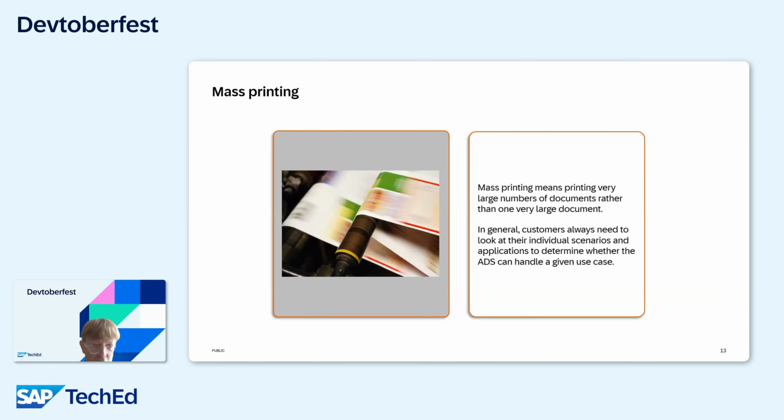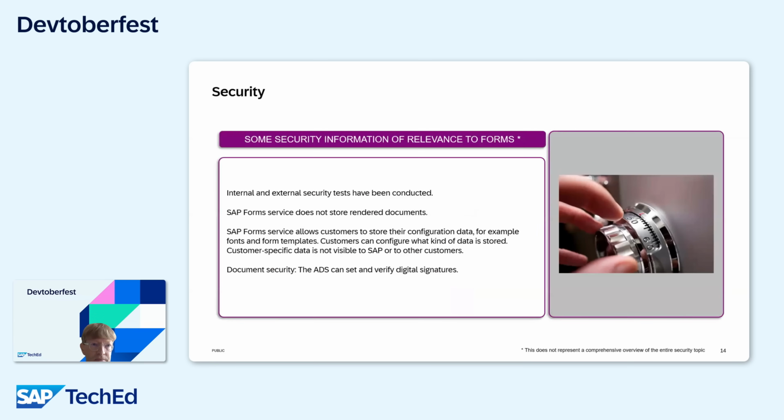And that's always been a question, even when ADS was on premise, but it's also a question for the cloud. And we very, very strongly recommend, if you have a mass printing scenario, or if you think you might have a mass printing scenario, then do a proof of concept. Test it yourself with your own hardware, and most importantly, with your own templates, and then you can see whether the mass printing scenario will work or not.